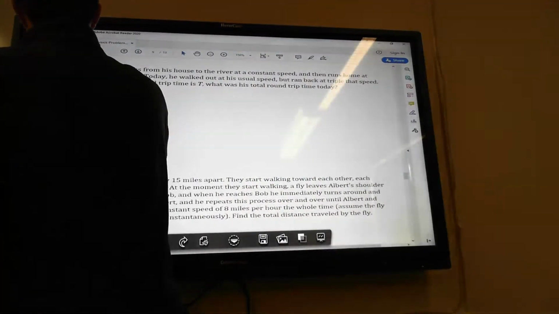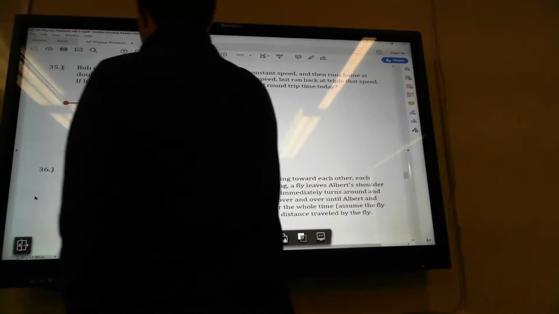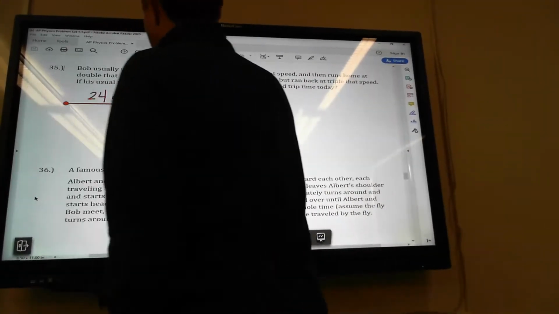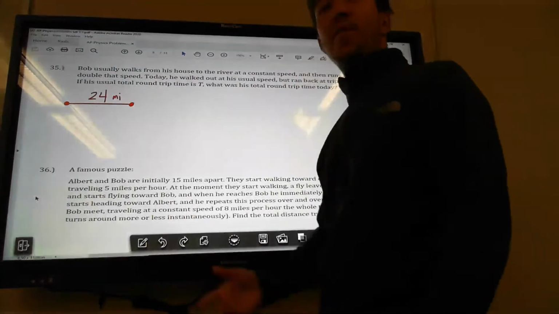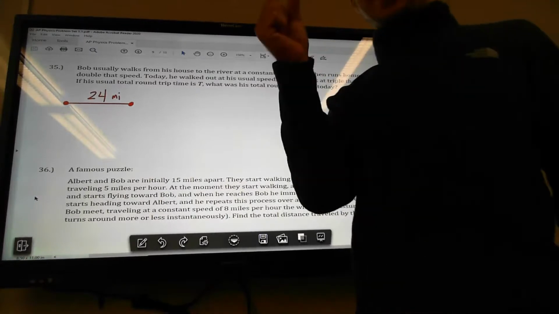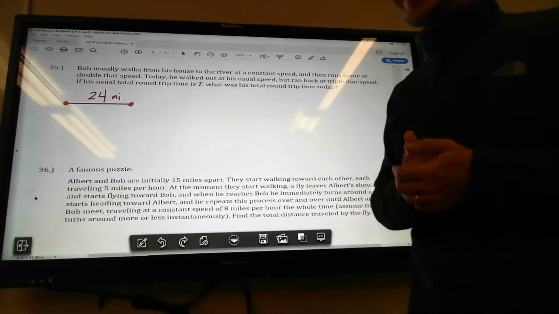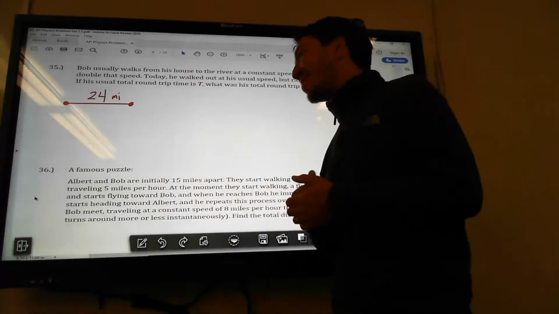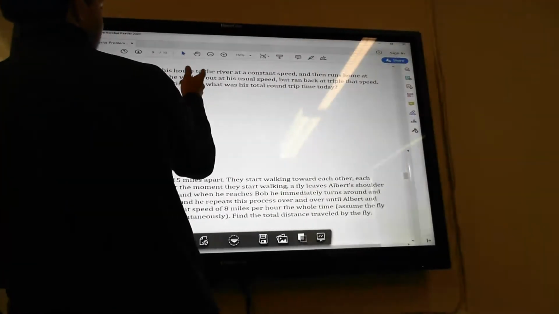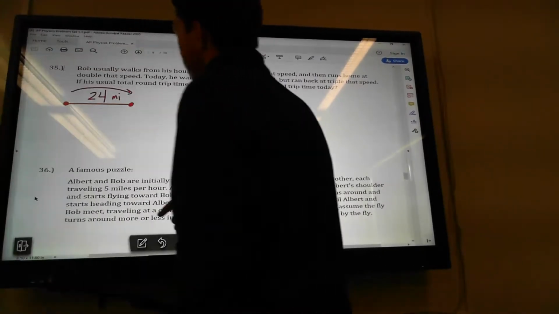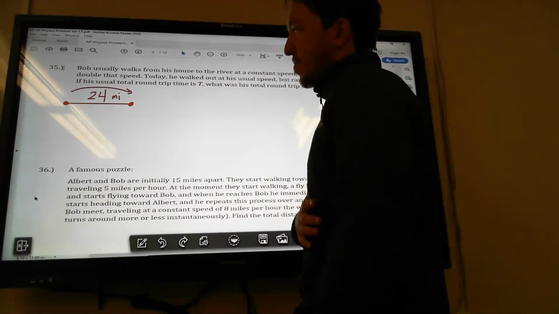So let's say he is 24 miles away. Make it 24 meters, make it 24 nanometers if you want. Just make him a really tiny being. That makes sense, the size of the units doesn't matter. So let's say he usually goes at, I don't know, what speed should I pick?